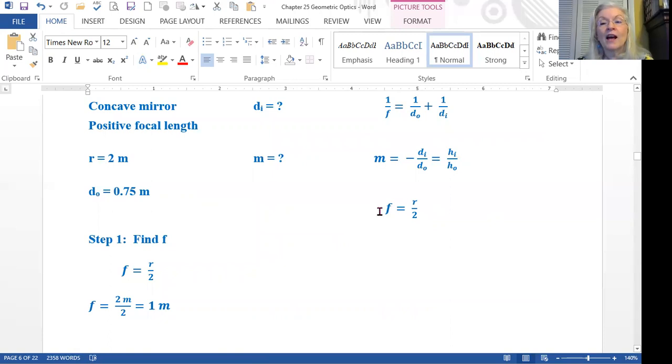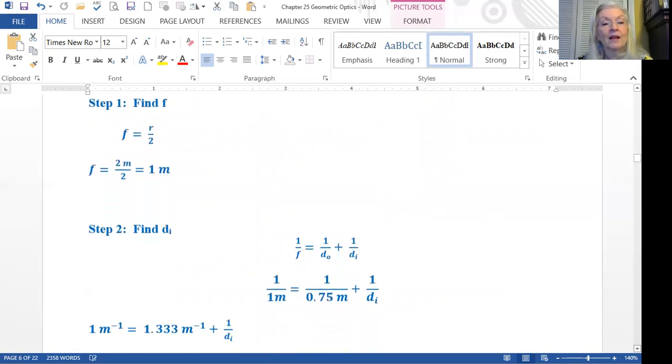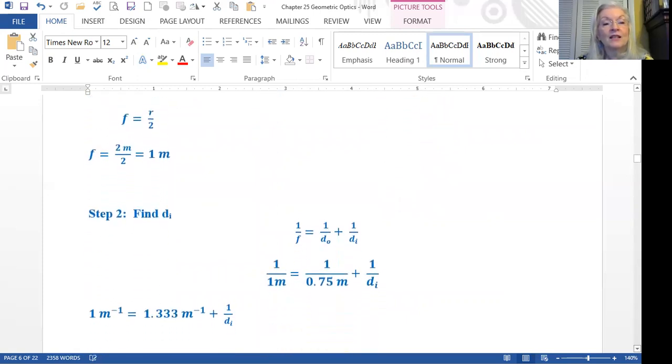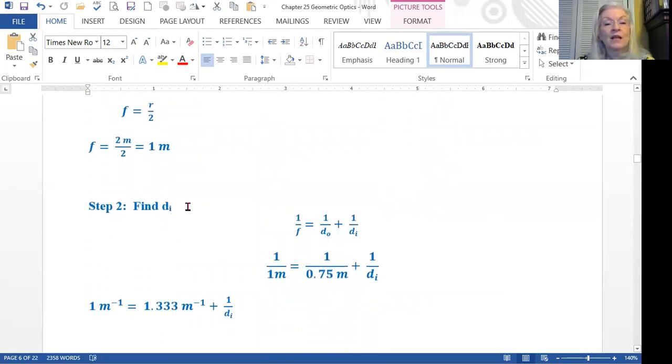If we know F and we know DO, we can find DI. And once we know DI and DO, we can find the magnification. So we need to find the image distance. That will be our second step. So we know that 1 over F is equal to 1 over DO plus 1 over DI.